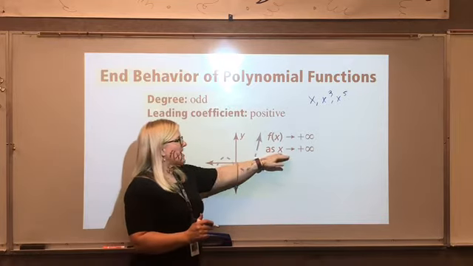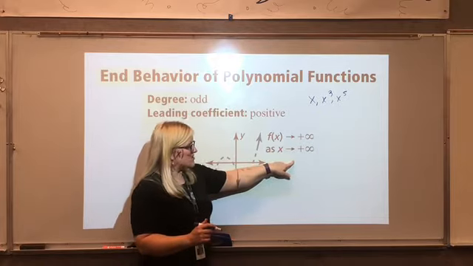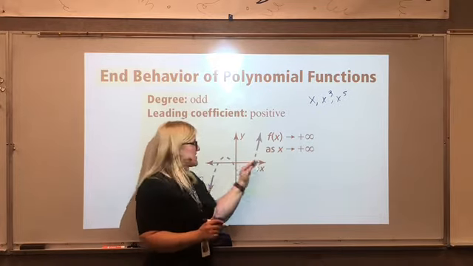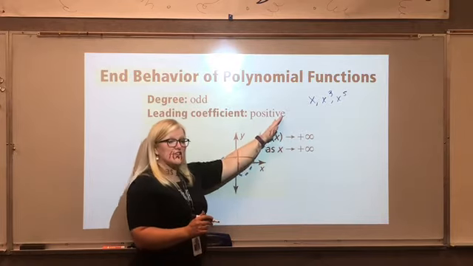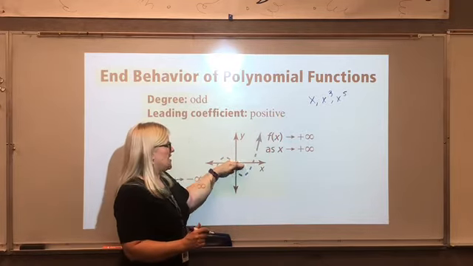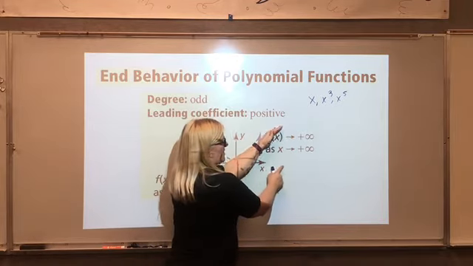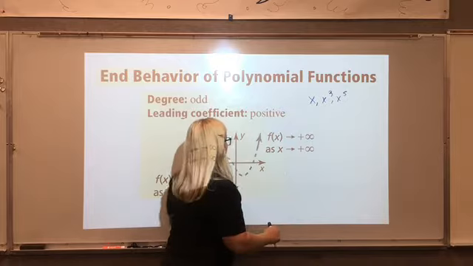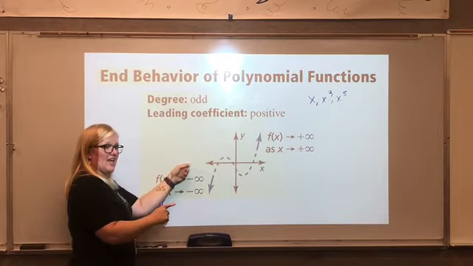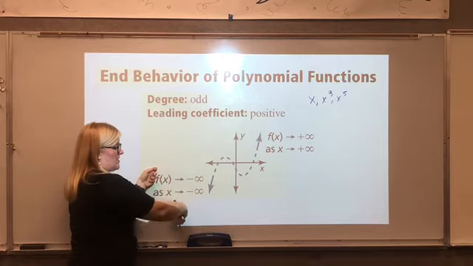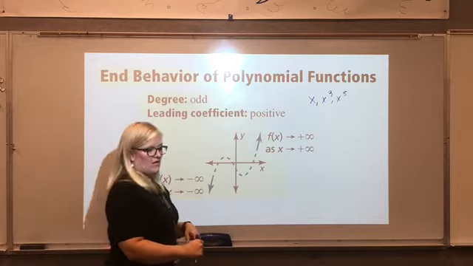So as x is going to positive infinity, what is happening to y? What's happening to the function? Well, it's also going to positive infinity. Same with this. As this is approaching negative infinity, f of x is approaching negative infinity.